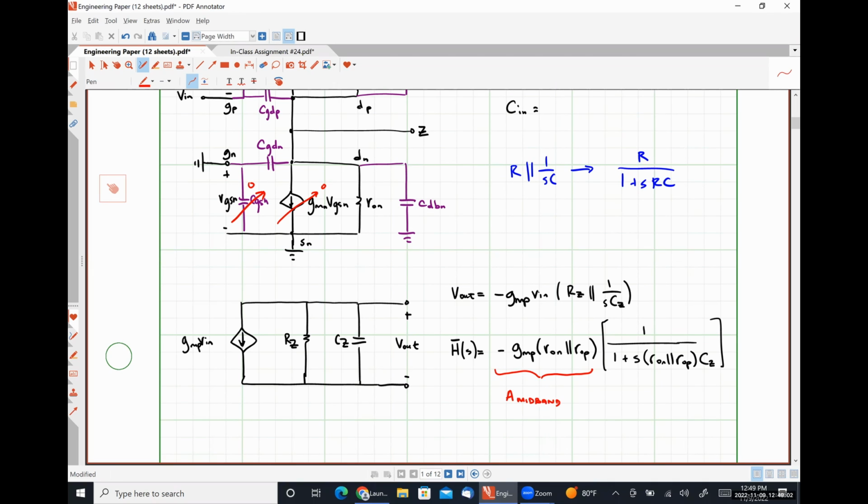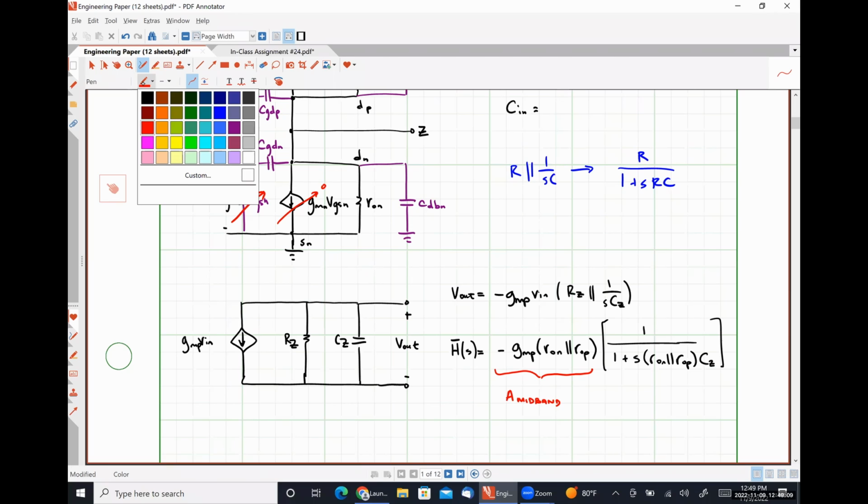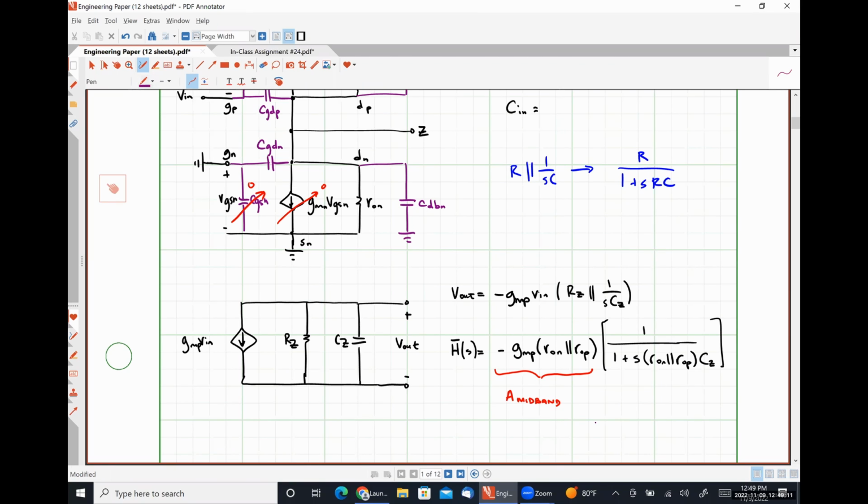And the quantity on the right side tells us effectively where our pole is going to be. So we could say that our pole, unsurprisingly, is going to be at 1 over R C CZ.